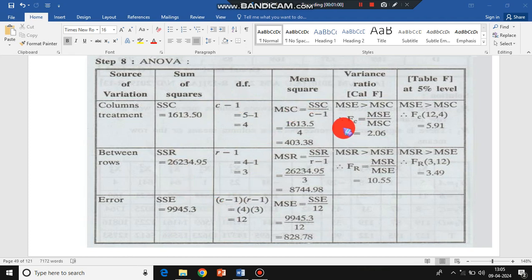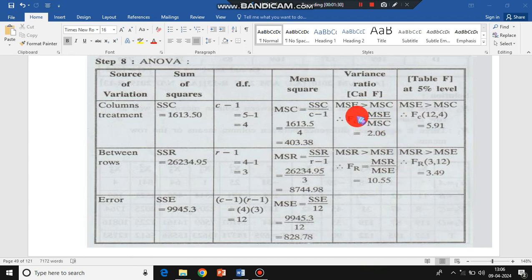From that we find out the calculated value for column wise and table value for column wise, calculated value for row wise, and tabulated value for row wise. Comparing these two, we can accept or reject the hypothesis, particularly here the null hypothesis. Okay, so we compared these two.